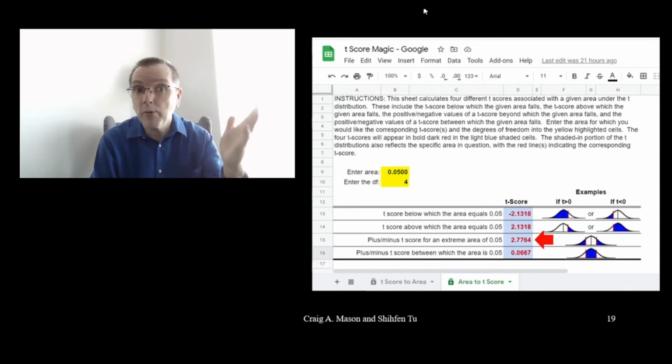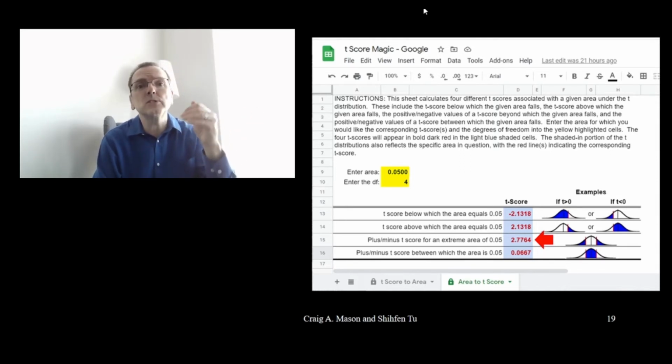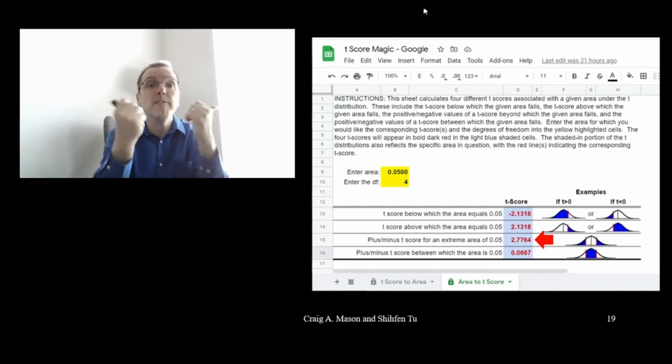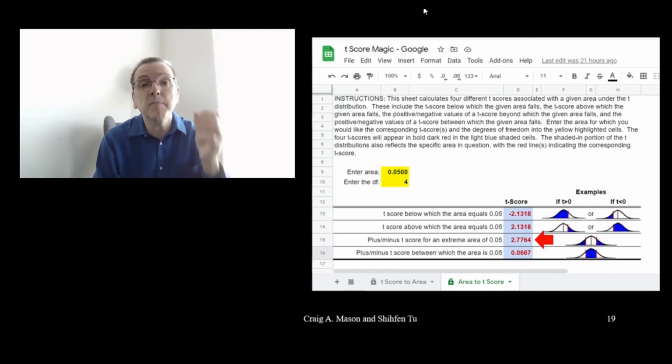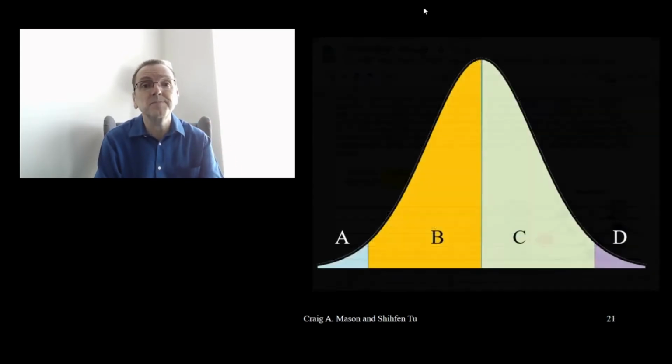So my critical t-score, that t-score with 4 degrees of freedom beyond which lie 5% of the distribution, is plus and minus 2.7764, or 2.776 if I round to 3 decimal places.